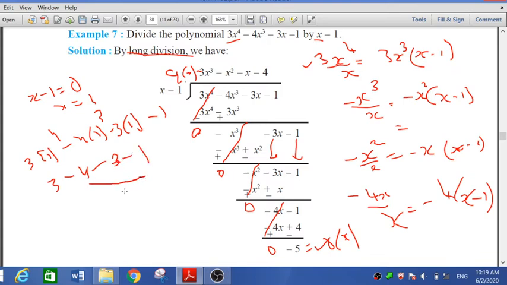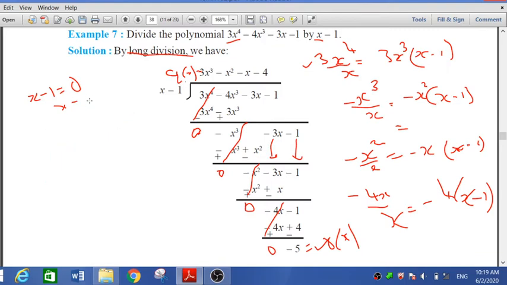So these are all negatives. So minus 8 plus 3, so we can get minus 5. So if you want to find the remainder directly, you have to put the opposite sign of the divisor. So x minus 1 equal to 0, therefore x equal to 1.